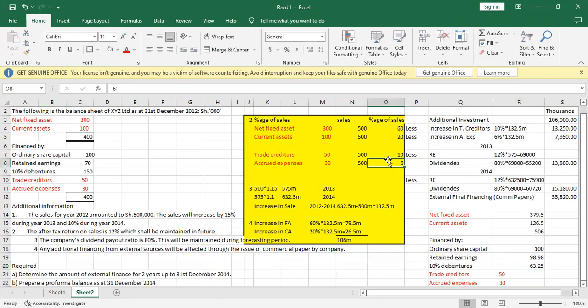They were 6%. 6% of 632,500. I'm getting 7.95. Well, there is no challenge because this one I can check.